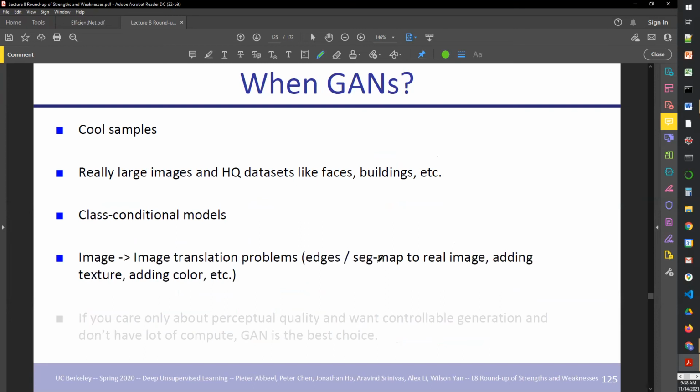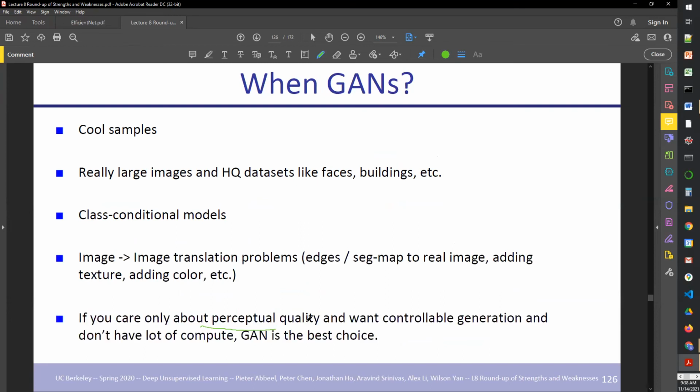And if you want significant perceptual quality and don't have a lot of compute, as I discussed, autoregressive models need a lot more compute to get to the quality that GANs get to relatively easily compared to the VAE models. So that's when you pull out GAN, when you need cool samples, and all of these things are things that you care about.